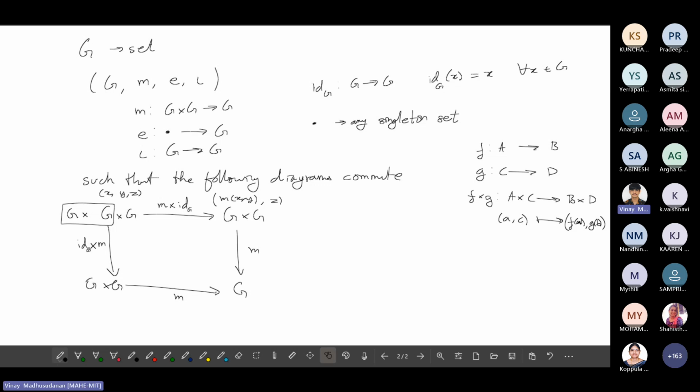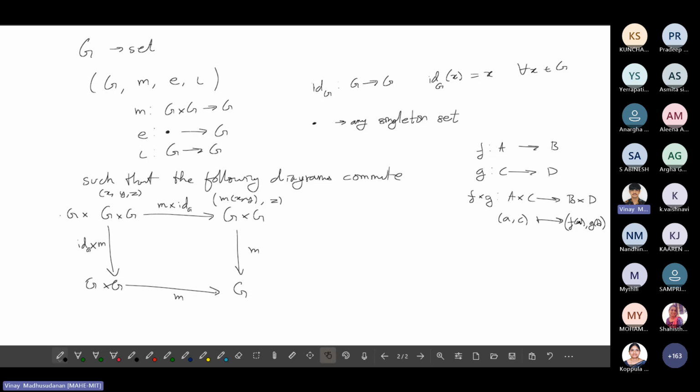This gets mapped to this. Followed? Similarly, what will this do? How will this mapping go?